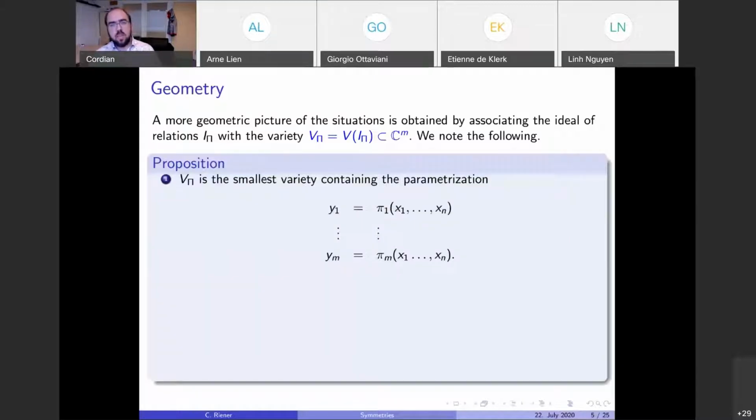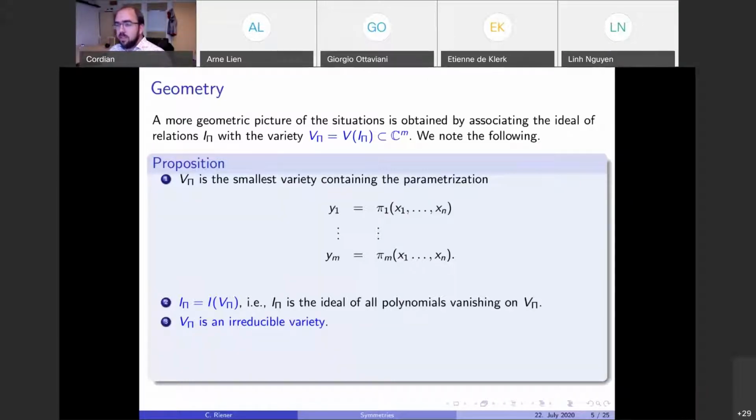The following actually holds: this variety is the smallest variety that contains the parametrization y1 equals π1 of x1 to xn, up to y_m equals π_m of x1 to xn. The ideal is in fact the vanishing ideal of our variety V_π, so in particular it's radical. And the variety that we have is an irreducible variety.